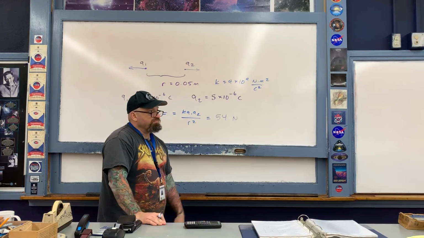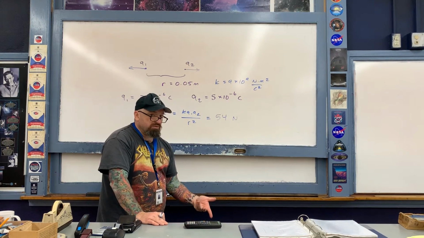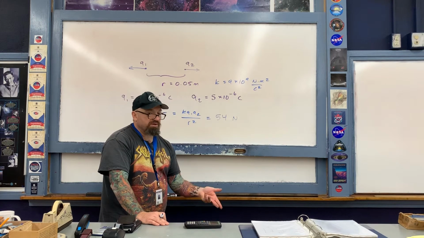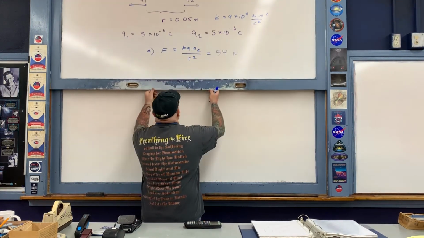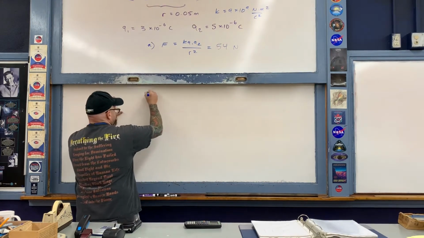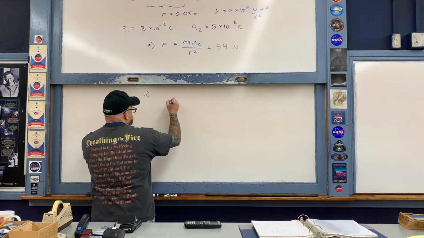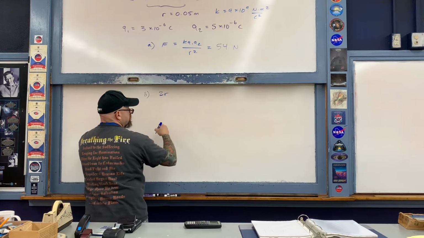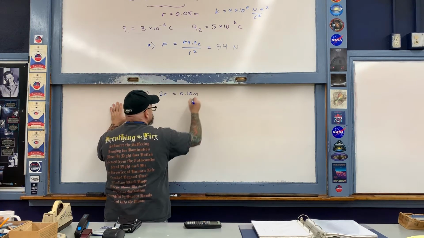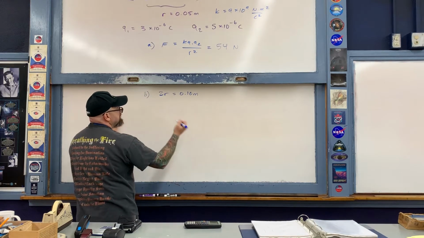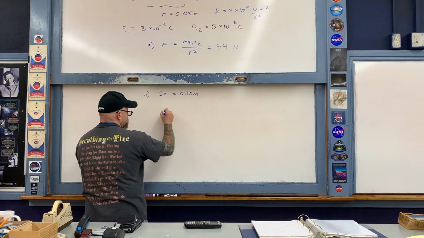Now in part B, we're going to double the distance between the two objects, and then eventually in part C, we'll triple the distance between the two objects. So take a look at part B first. Now we're going to double the distance, so 2r is equal to 0.10 meters. But here's an easy way to work our way through this portion of the example.